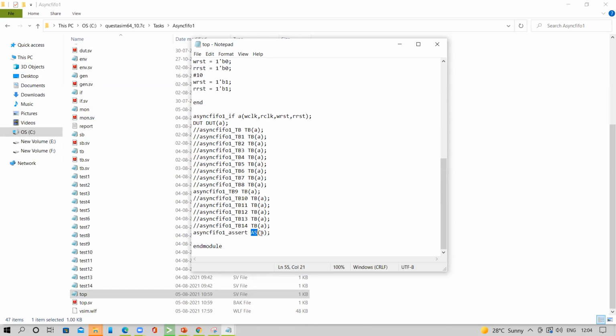AS is the instantiation name, and inside the assertion, the interface handle we have passed, you pass that handle here and end the module. Either you can add your assertion file by using the bind keyword, or you can add it this way, using the interface, to your environment.